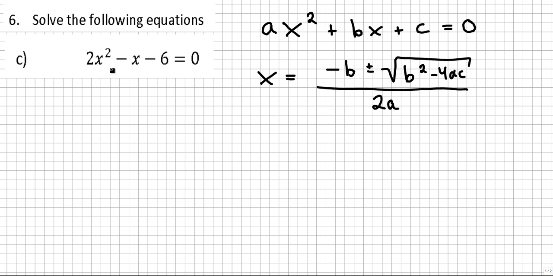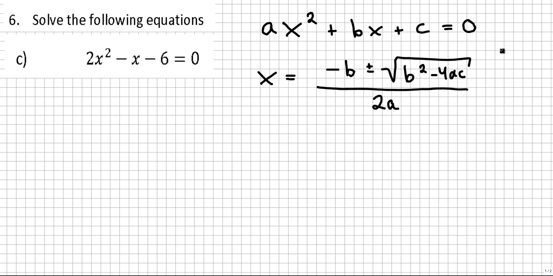So if we look at this equation, the number in front of the x^2 term is 2, so a is 2. The b is actually minus 1, because we don't write out minus 1x, we just write minus x, but it means minus 1x. So b is minus 1 and c is minus 6.